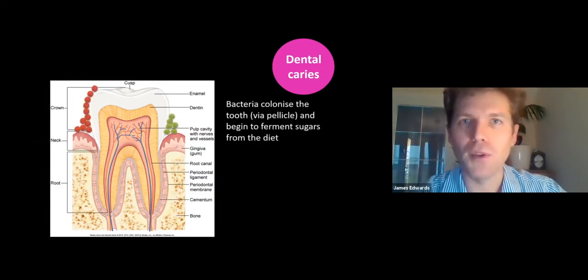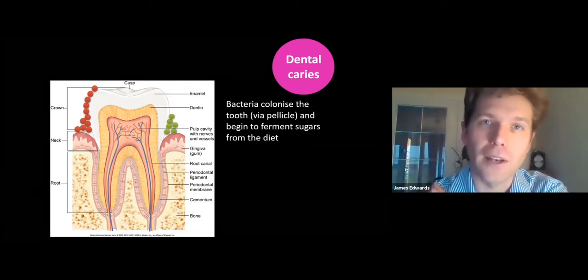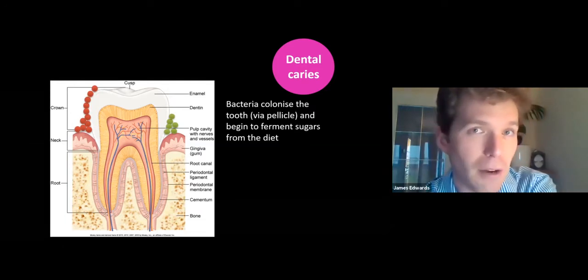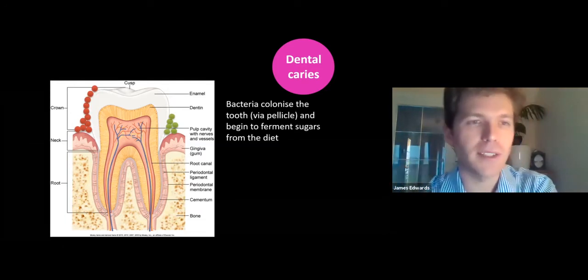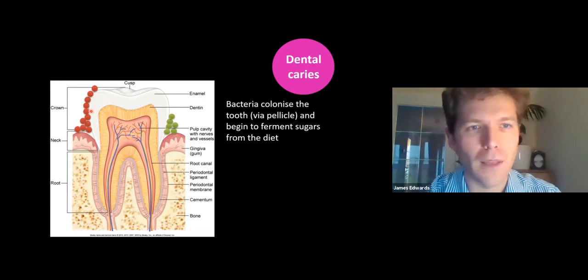Caries is one of the most important infections just to be mindful of. Again, you're not expected to be an expert in caries because that's why we have dentists. But essentially what happens is bacteria colonize the surface of the tooth, and they can also colonize along the gum line as well.